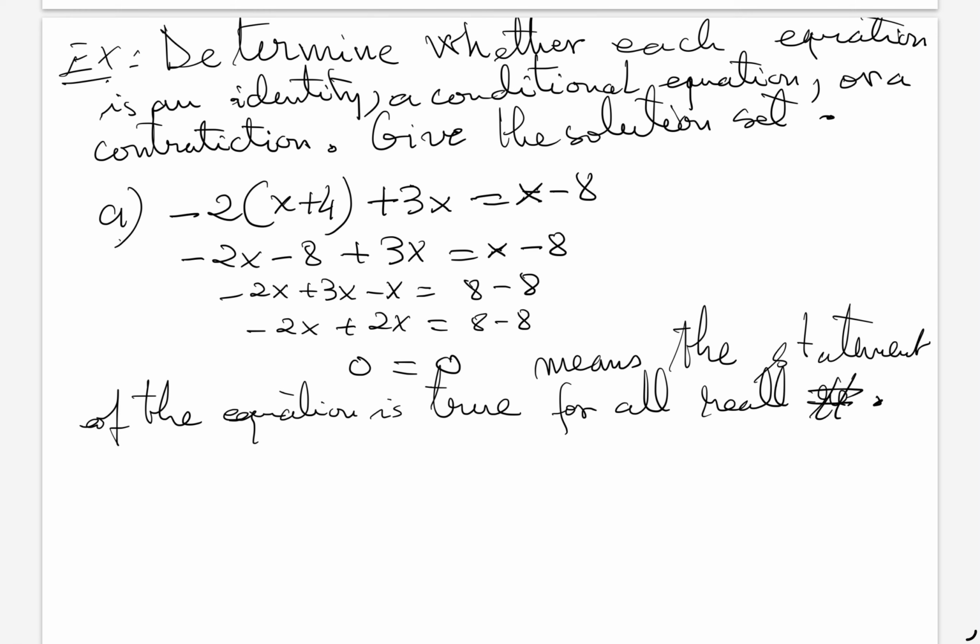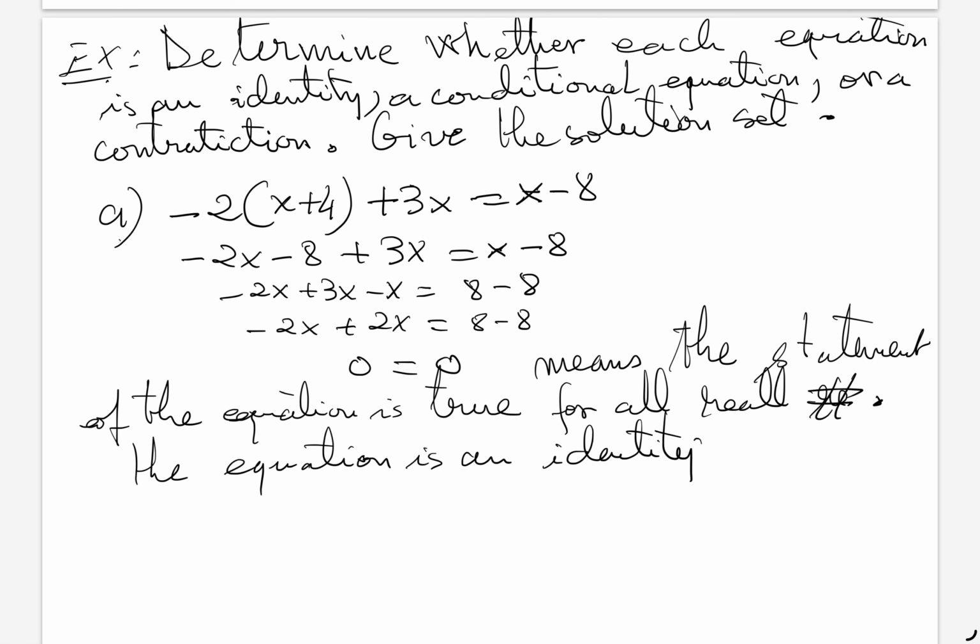For all real numbers, okay? It means the statement is true for all real numbers, and that means the equation is an identity.